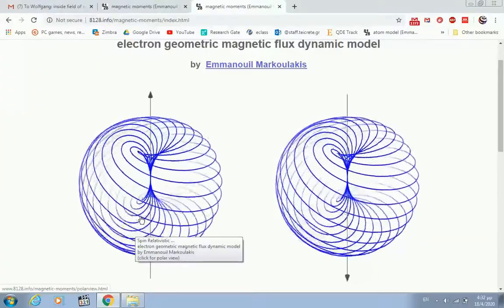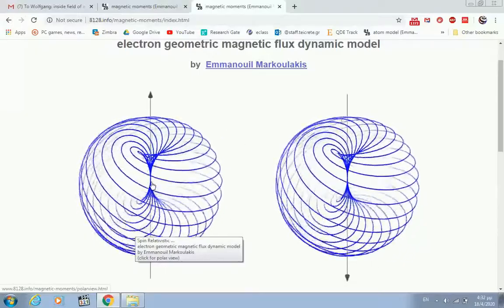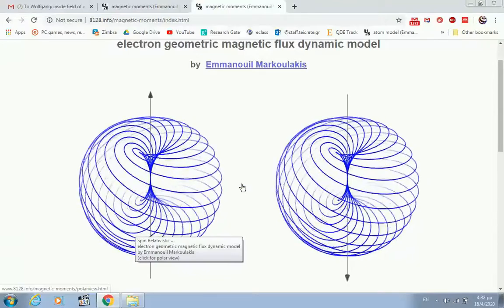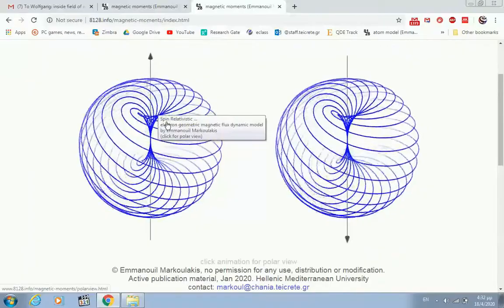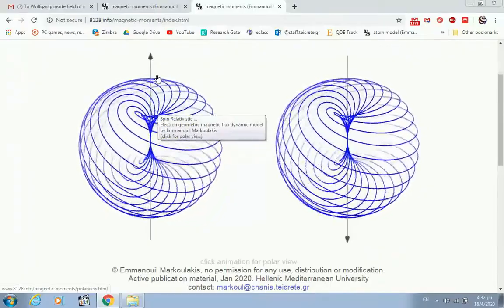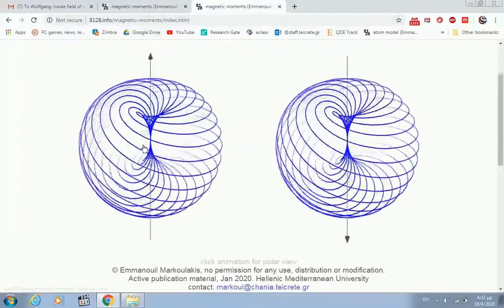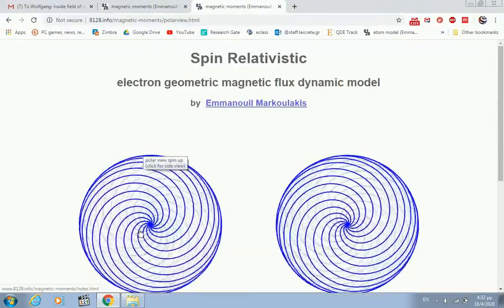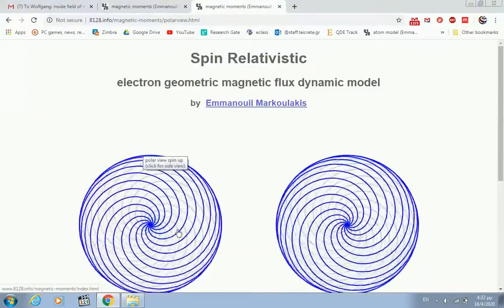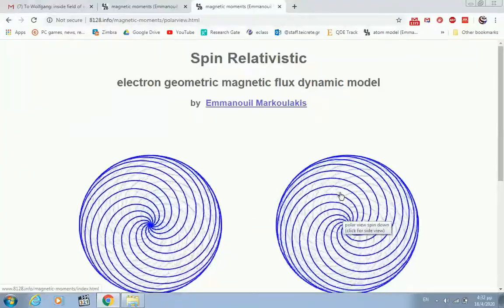It is this field here, and we see how the lines are coming through the horn torus and looping between the two poles, spiraling and looping between the two poles. And we said also that if you look at this model from top view, this is the North Pole and this is the South Pole. The lines are spiraling out and spiraling in to the South Pole.